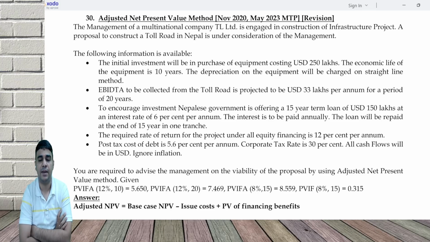What is the APV method? It is base NPV plus any tax saving minus any issue cost, if at all there.